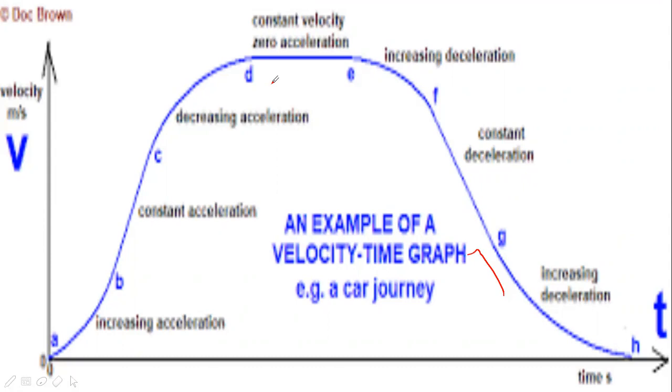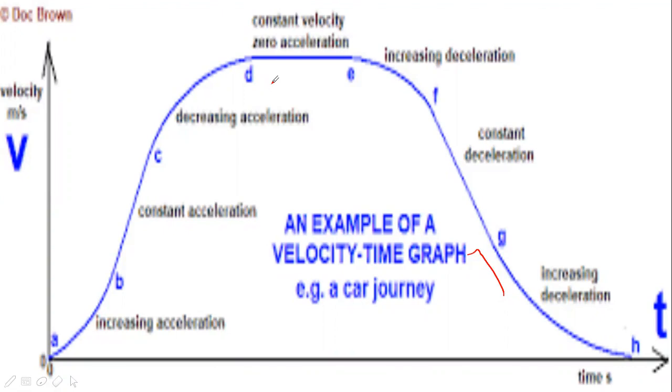A, increasing acceleration. B, increasing acceleration. C, constant acceleration. D, decreasing acceleration. D and E, constant velocity, and constant velocity means zero acceleration. Again, E and F represent increasing deceleration.